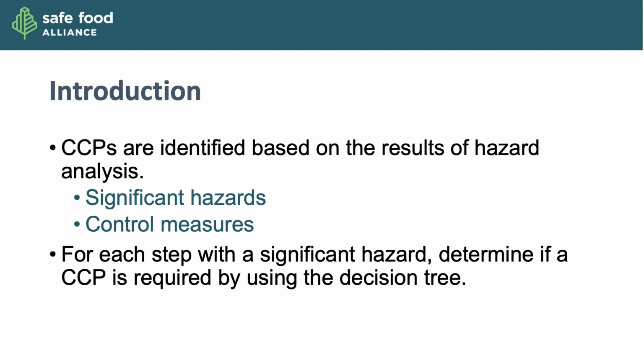Now, as a result of the hazard analysis, we're going to take the information that was an outcome, in particular the significant hazards identified, and look at what control measures have we identified, and out of those control measures, which ones are now going to be absolutely critical to our operation. So for each step with a significant hazard, we have to absolutely run those through a CCP decision tree.